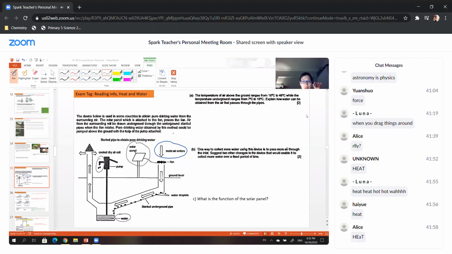Take some time to think. So this is about heat and water, right? So can you insert the relevant keywords into your answer and then type it into the chat? Use the words in the diagram as well. So explain how water can be obtained from the air.